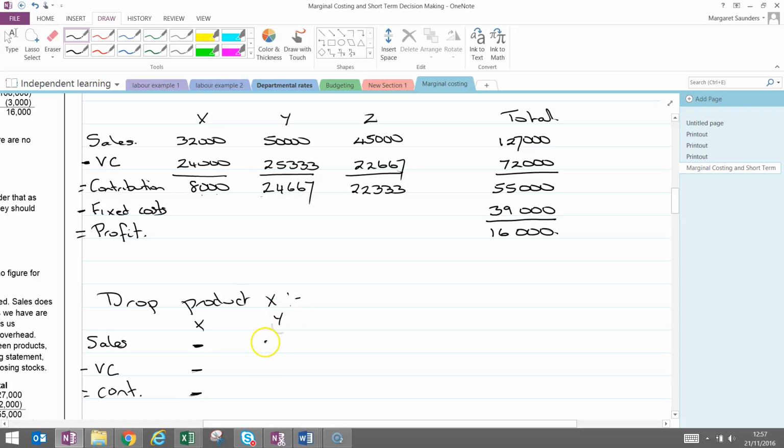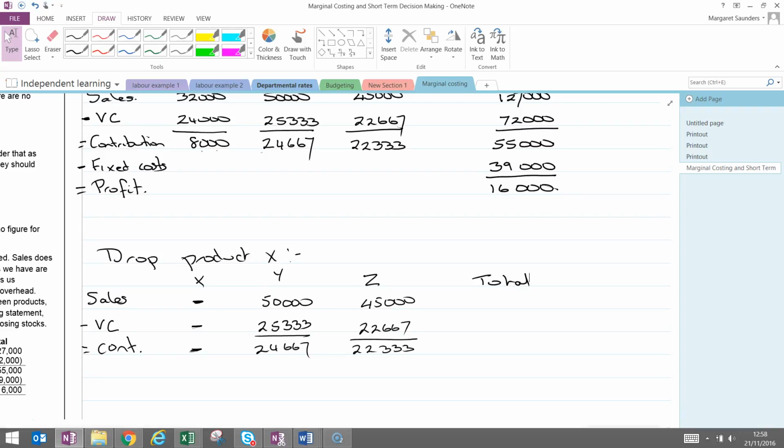Product Y, 50,000 sales minus the variable costs, we've got contribution. And product Z, 45,000, variable cost 22,667, contribution of 22,333.